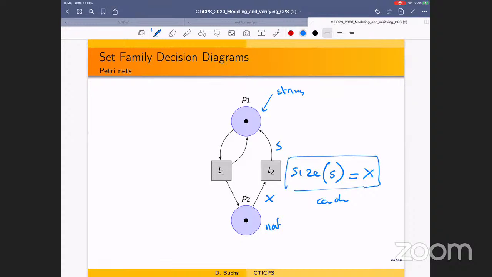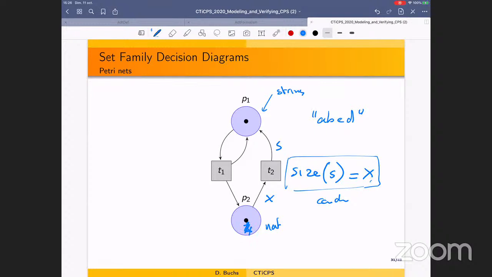Okay, so this is a very complex condition, because it means that you are able to synthesize any string, for instance A, B, C, D, that has the length X. For instance, I put 4 here.